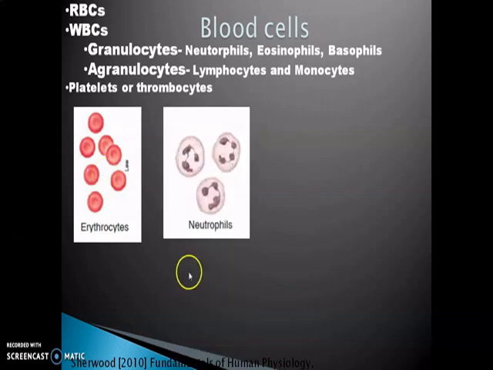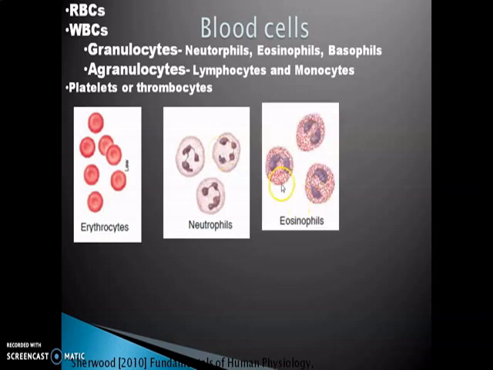This neutrophil, which is a granulocyte, is characterized by a multi-lobed nucleus. You can see it may have 3 different lobes of nucleus or 4 lobes, with large quantities of granules in the cytoplasm. Similarly, eosinophils have a bilobed nucleus, bi means 2, and have granules that take up acidic dye.